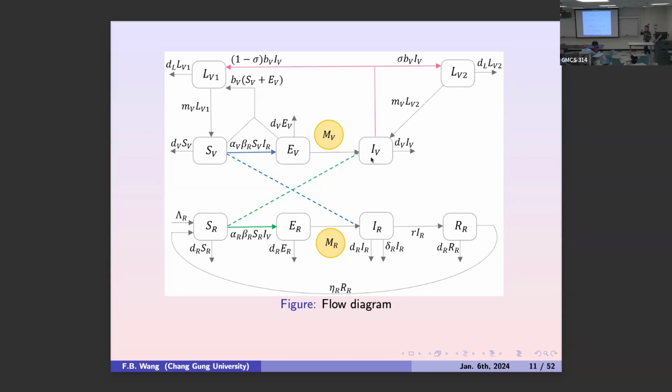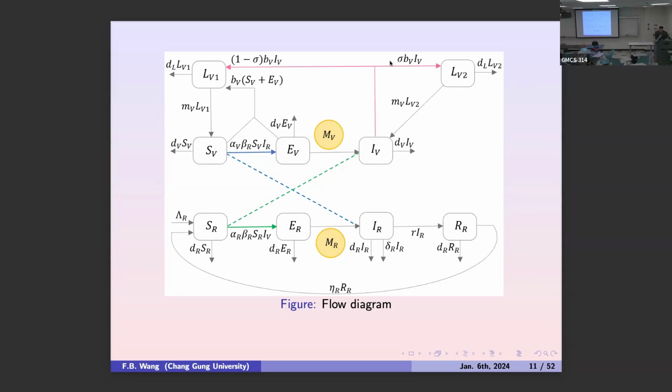But since we talk about vertical transmission, it has the ability to go to this class. So it's sigma, and V is the birth rate. You can see the susceptible larvae come from this term and this term. The sigma is the probability that the infected parent can infect the offspring.